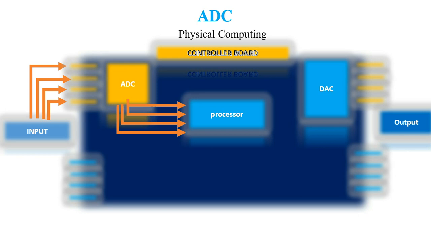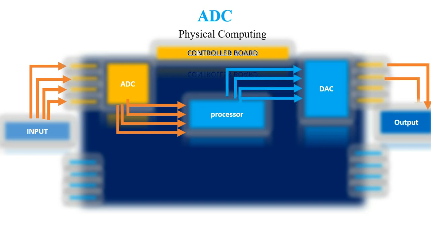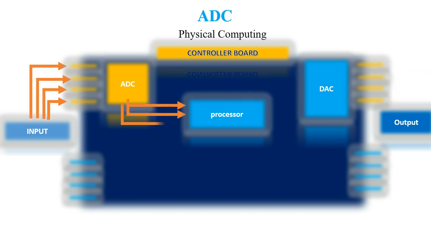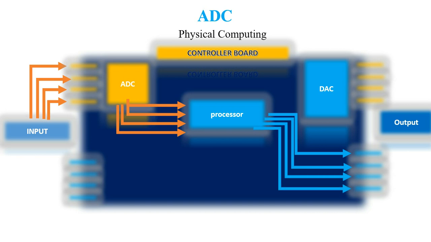Then we get the value through the sensor, the ADC, the processor, to the DAC, and the DAC to the output. Or the other way around: analog input to ADC, ADC to processor, processor to digital output. So this is just a recap about analog to digital conversion and digital to analog conversion.